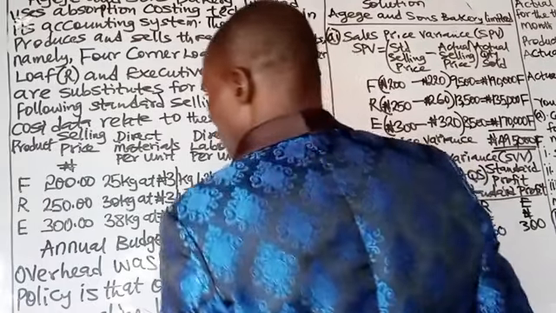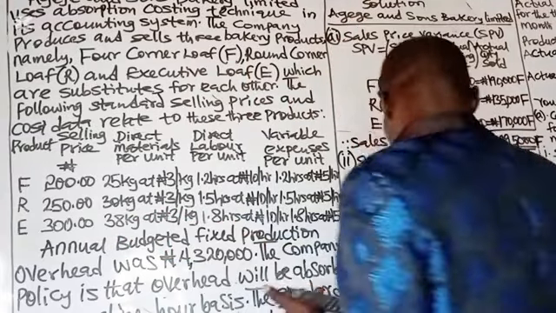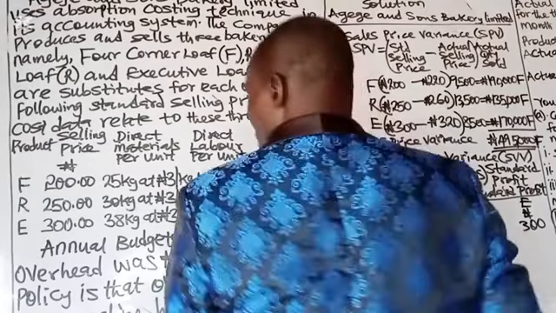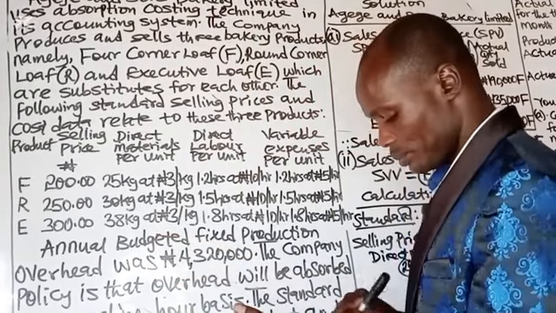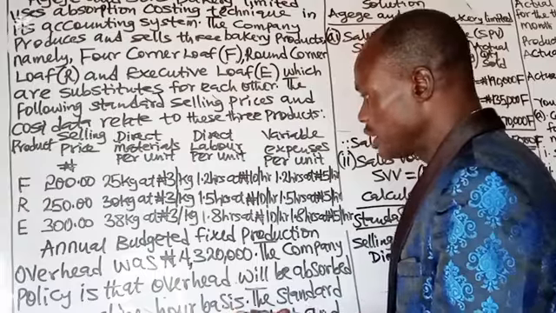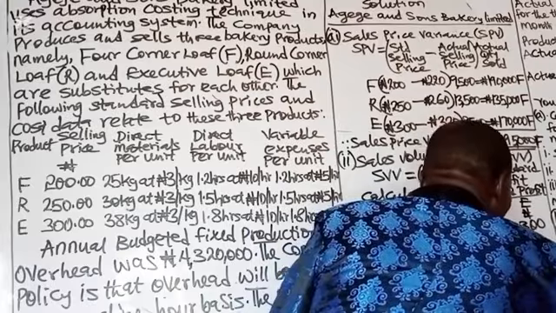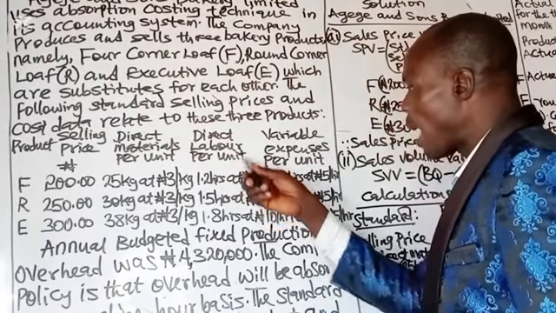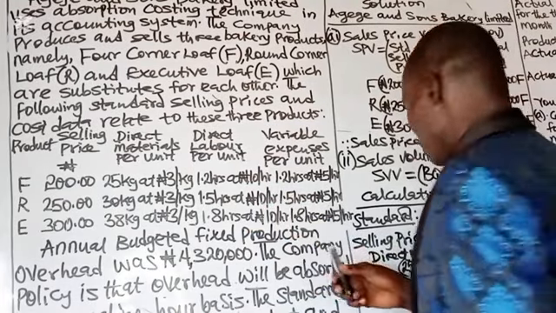That of R will be 30 times 3, which is 90 naira. That of E will be 38 times 3, that gives us 114.